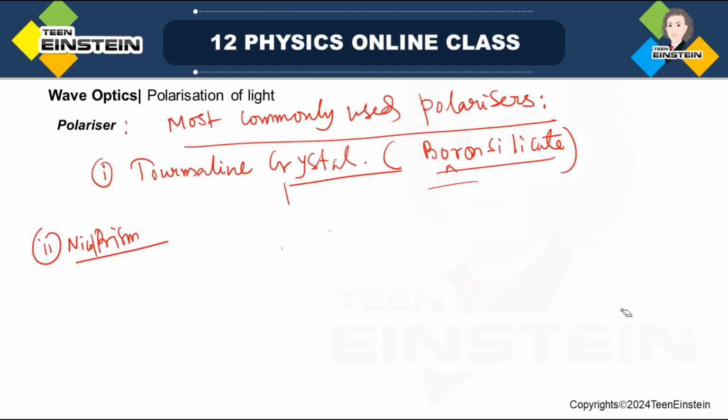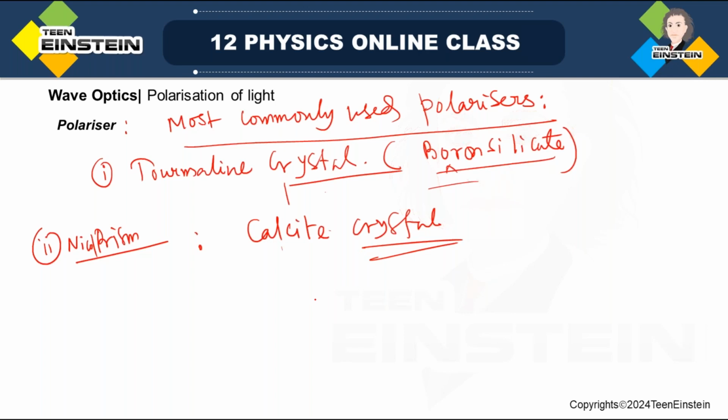So the Nicol prism is actually a calcite crystal.